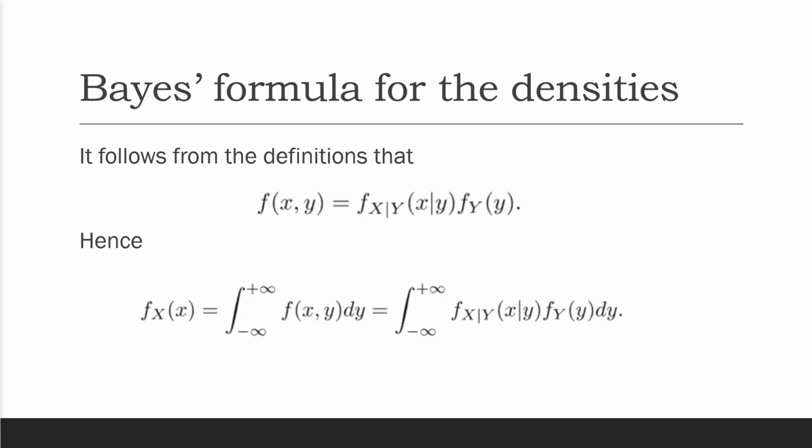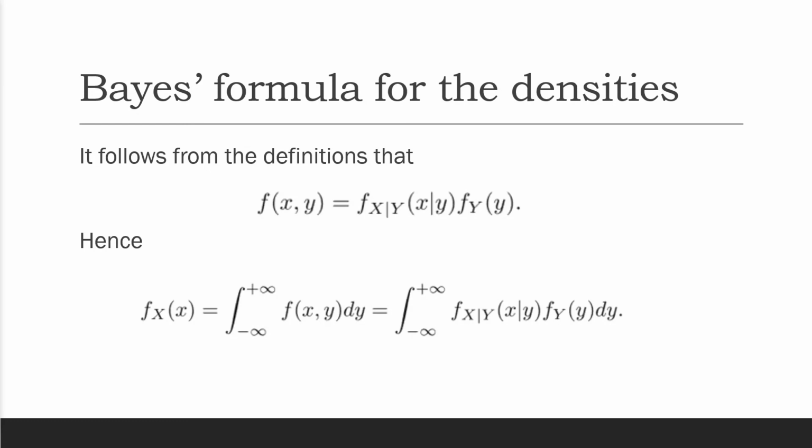Hence, the f of x is equal to the integral of f of xy dy from negative infinity to infinity, which is equal to the integral of the conditional density f of x given y times the f of y dy, from negative infinity to positive infinity.